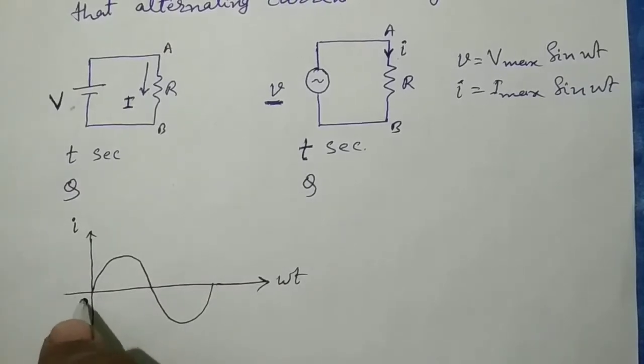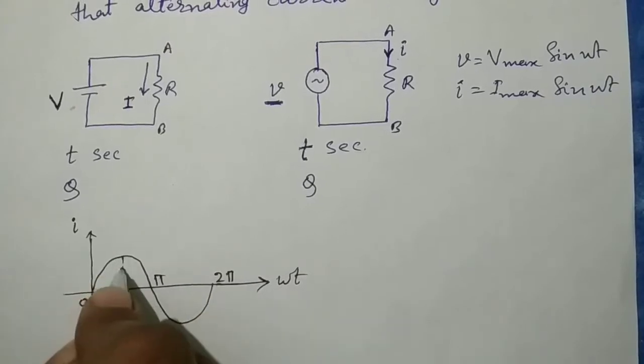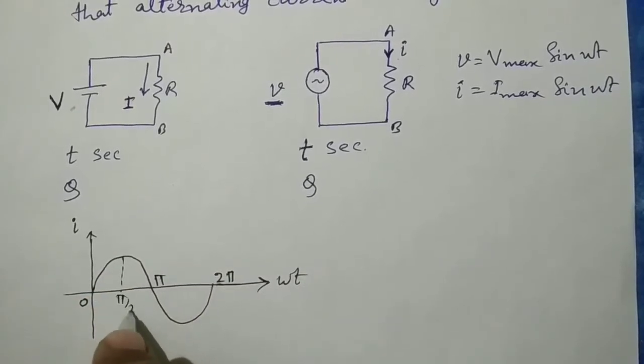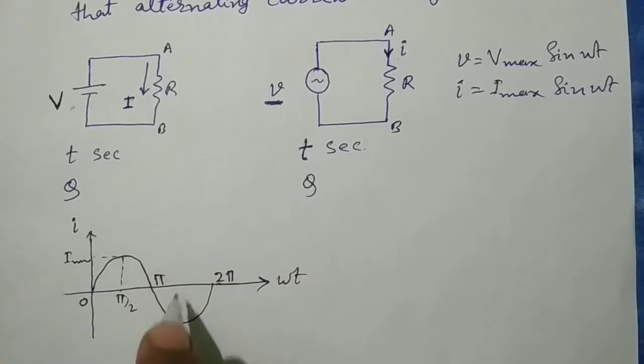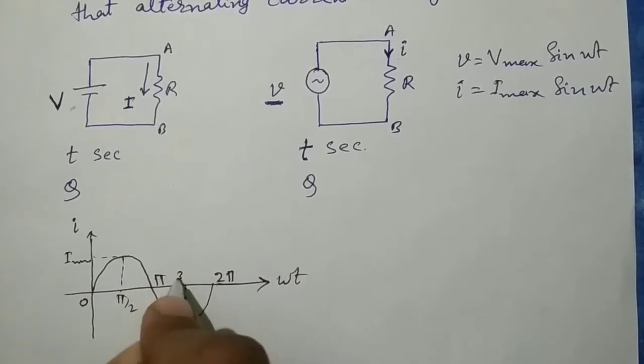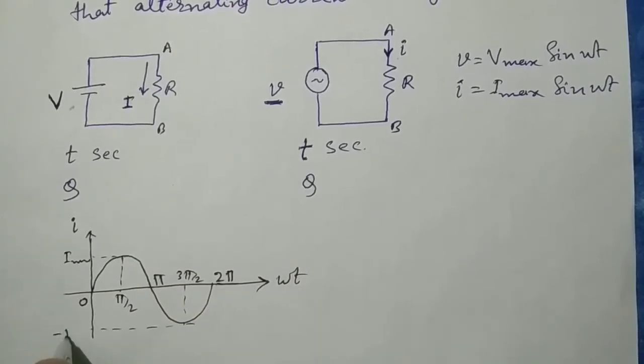The current changes at 0, pi, 2 pi. At pi by 2 it is I max, at 3 pi by 2 it is minus I max.